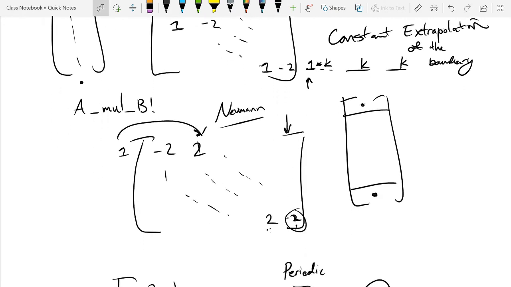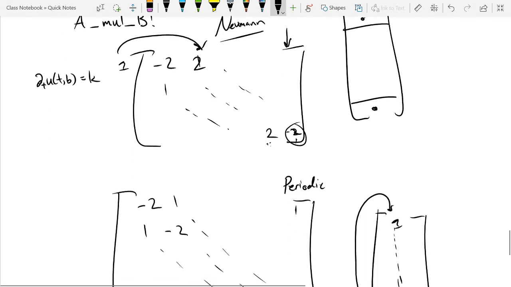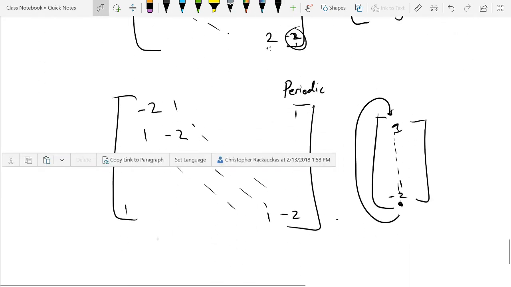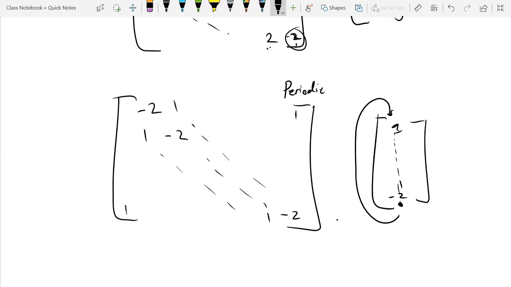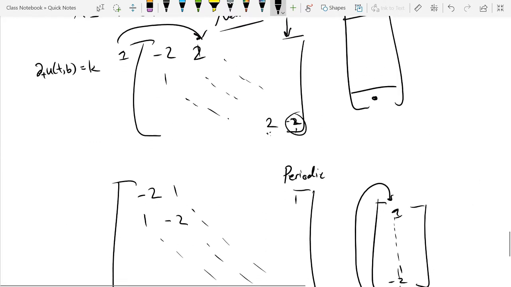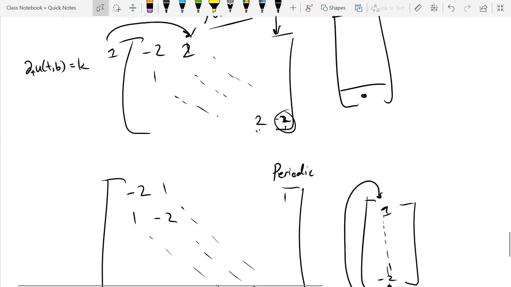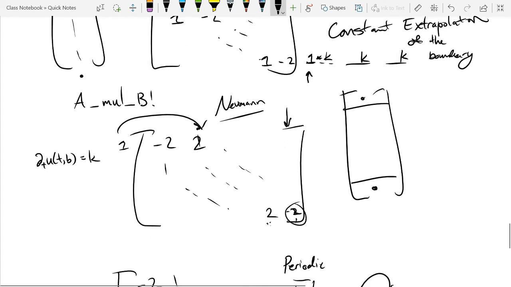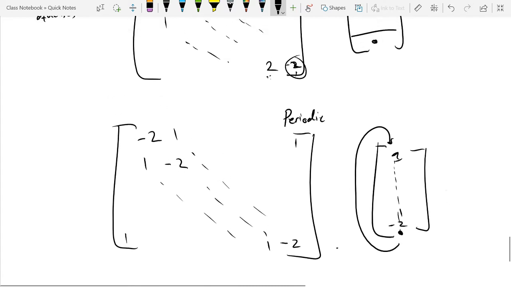This one you give that the boundary derivative, so the d/dt of u at the boundary is equal to some value. And then this one you just say, you redefine your space to say that, well, you flop around, right? Either way, you have a nice boundary condition. And then you have that the Robin boundary condition is some mixture of Dirichlet and Neumann. Let's not go over that for now.